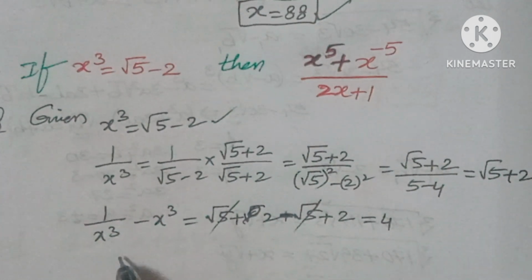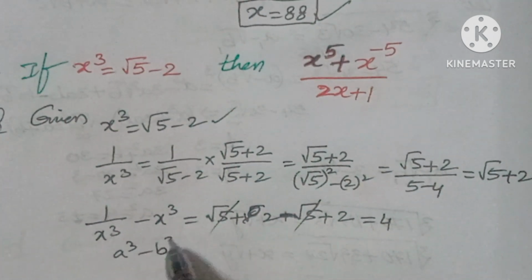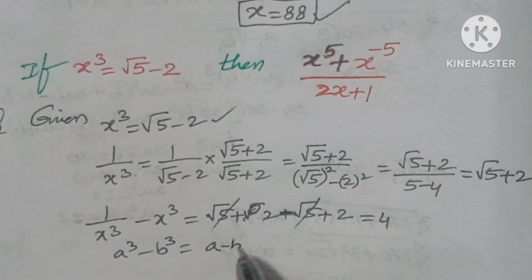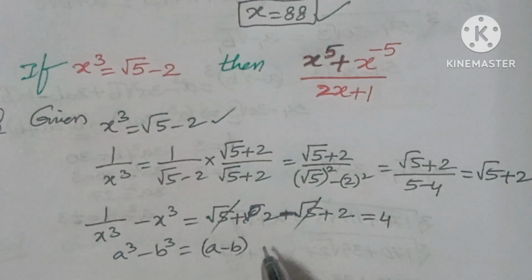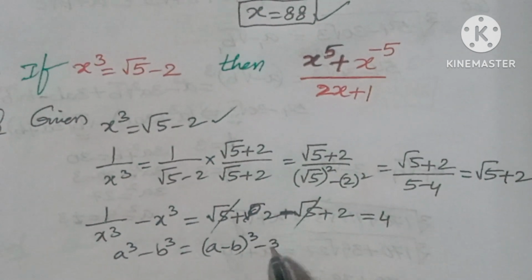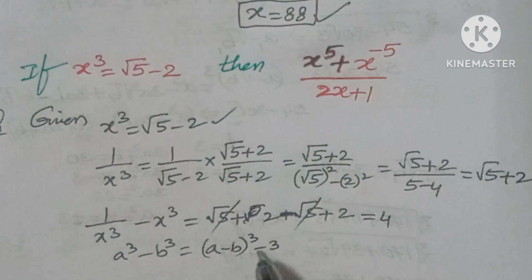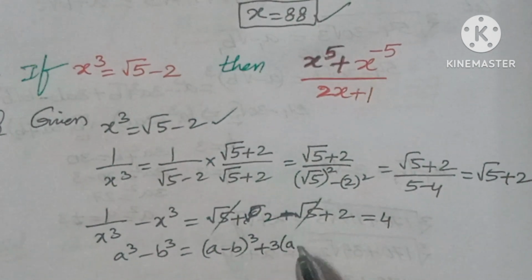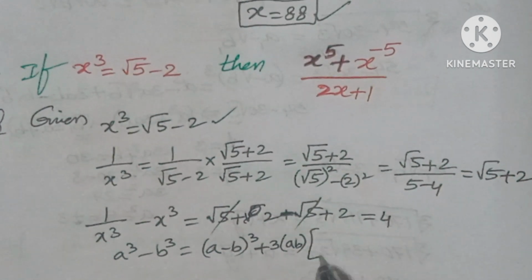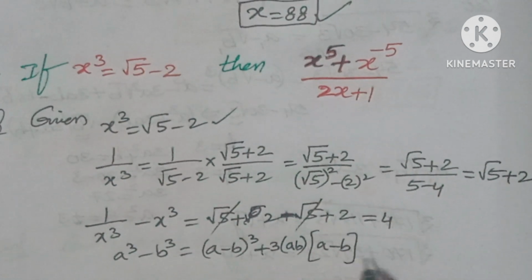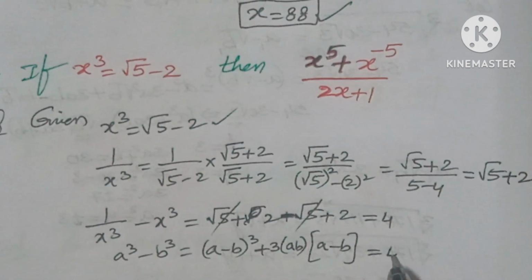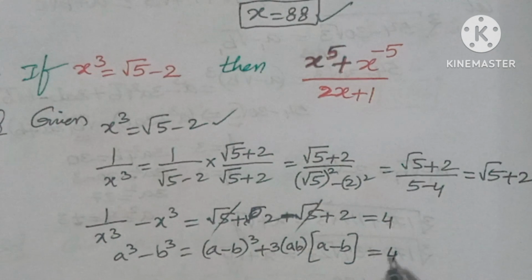Now a cube minus b cube formula: a minus b whole cube plus 3ab of a minus b is equal to 4, you are taking.